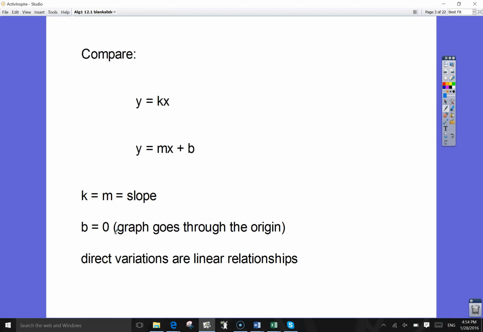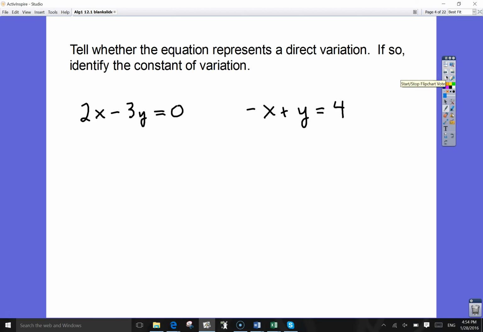Now, direct variations are linear relationships then. If we graph a linear relationship, we would expect to get a straight line going through the origin, and the slope of that line would be the k, the constant of variation or constant of proportionality. So the first thing is, how do we know whether an equation represents a direct variation?